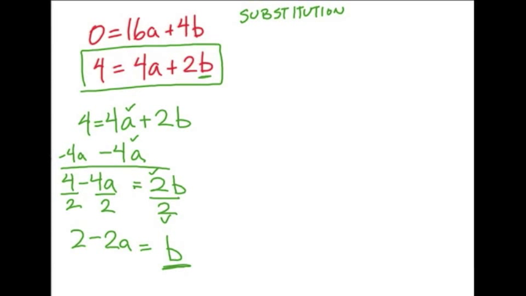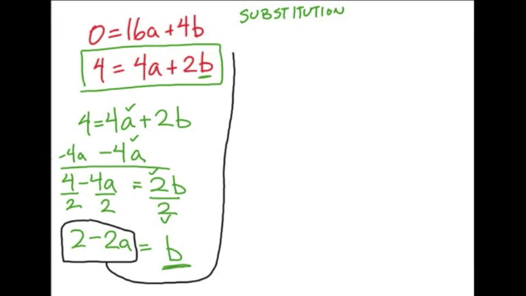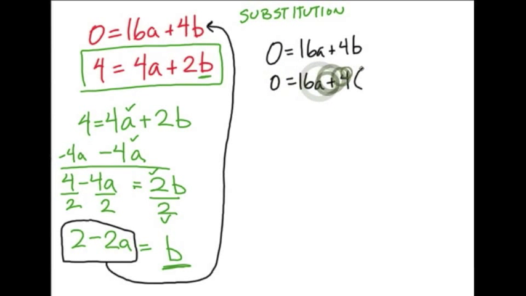And now I'm going to take the stuff that b equals, and I'm going to substitute it in for b into the other equation. Now instead of writing b, I'm going to put the stuff that b equals.